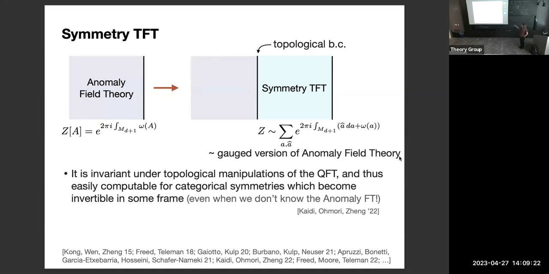That's one open question, how to make this explicit in some other types of examples. And the types of examples I'll consider here, I'm only going to actually talk about anomalies for finite symmetries, and this is going to be extremely explicit.